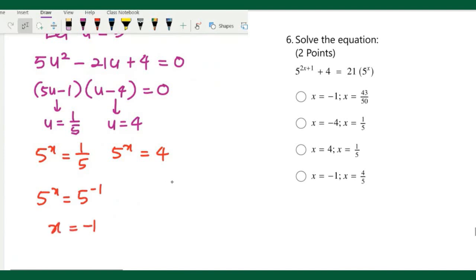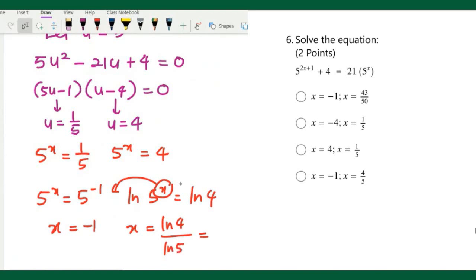For this one, to make x the subject, we need to take ln on both sides. ln 5 to the power of x equals to ln 4, and then x can be brought to the front, so x is ln 4 over ln 5. Or you may press your calculator to evaluate this, and it will be equivalent to 0.86. So the answer for this is negative 1 and 0.86.